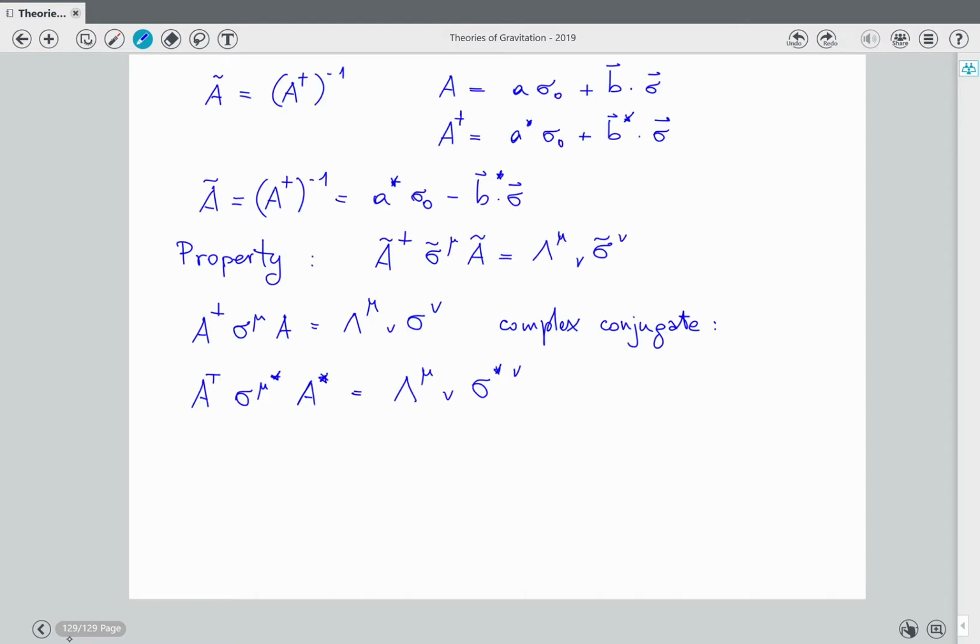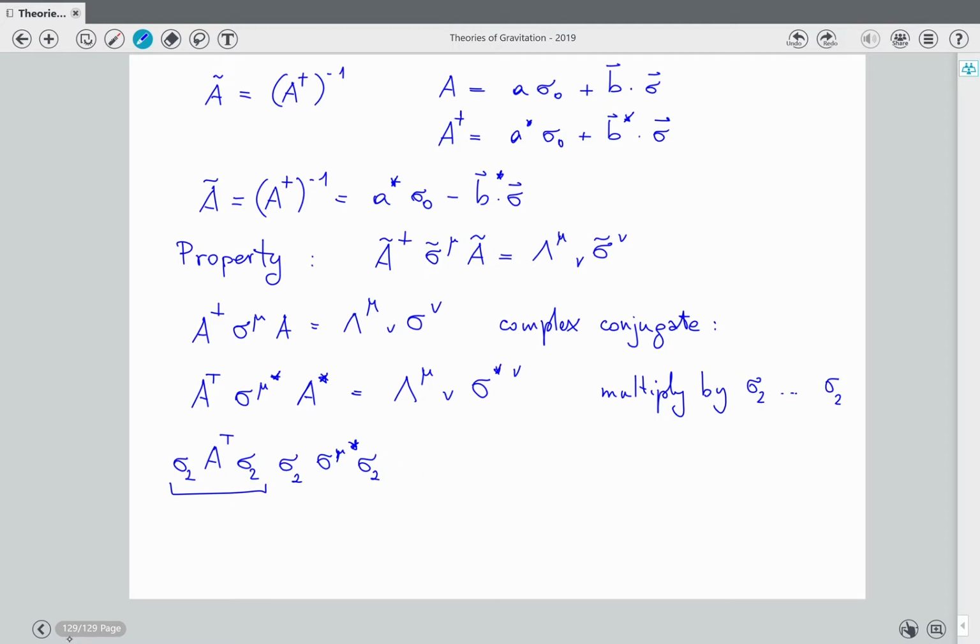So let's multiply by sigma 2, sigma 2. And then you have sigma 2, A transpose sigma 2, sigma 2, sigma mu star sigma 2.